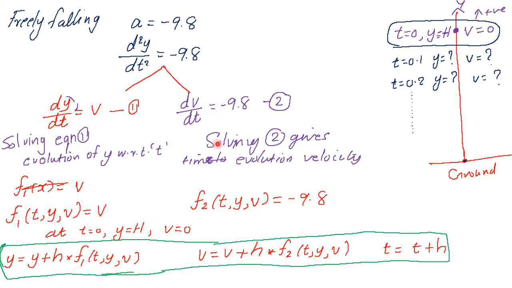Now solve these two equations simultaneously. You will have some initial conditions at t equal to 0, y equal to h, and v equal to 0. So what we do is we repeatedly calculate the new position, new velocity, and new time until it reaches the ground. So this way we can simulate.